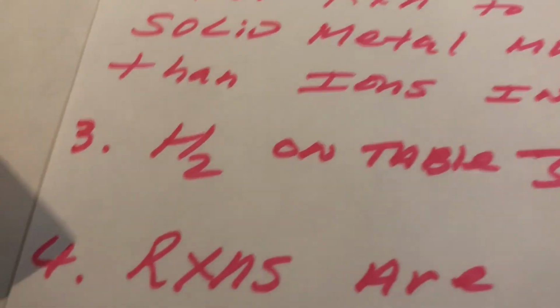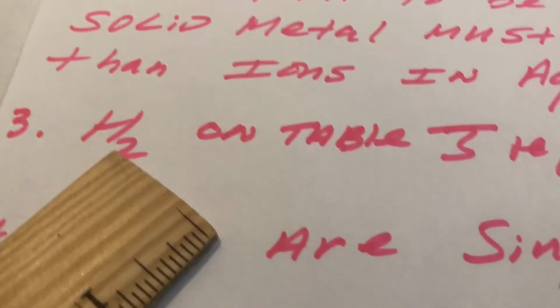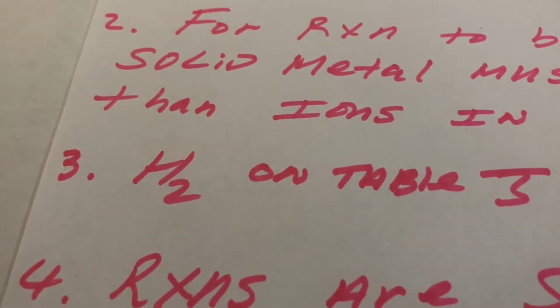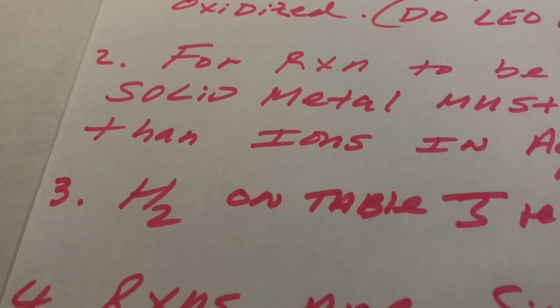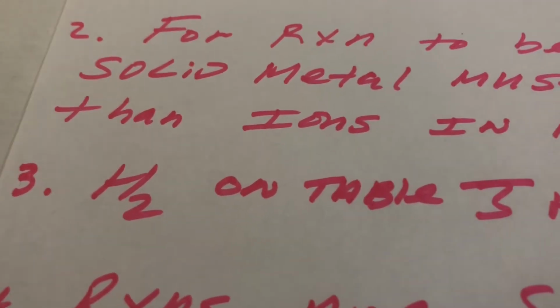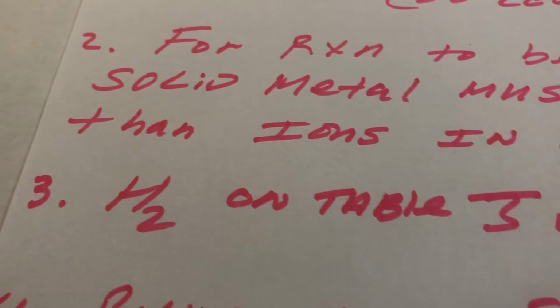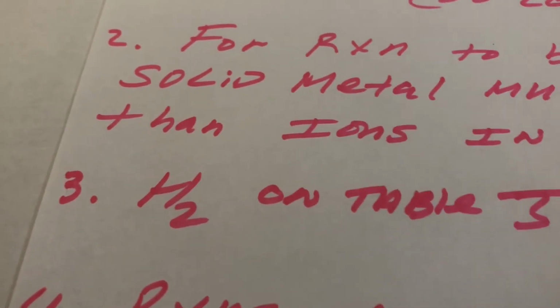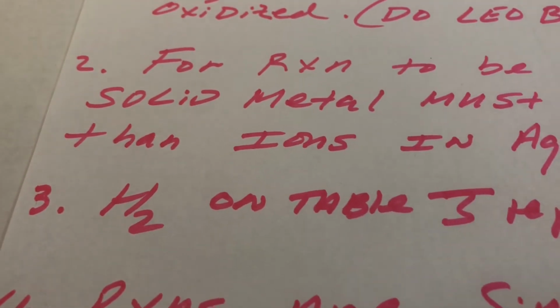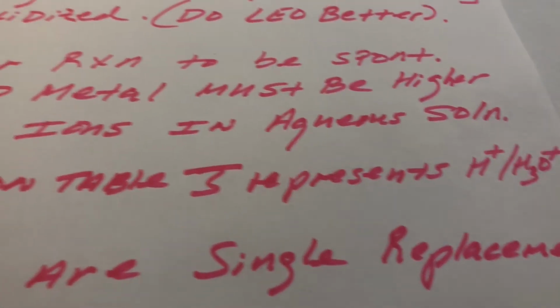Point number 3, we discussed already. Hydrogen on Table J represents H+ or H3O+, so that represents acid. You did that in the experiment with the eudiometer tube, when you put the acid inside the eudiometer tube, the magnesium was at the bottom, and you had to find the mass of the magnesium. That is an example of a single replacement reaction where the hydrochloric acid reacted with the magnesium.